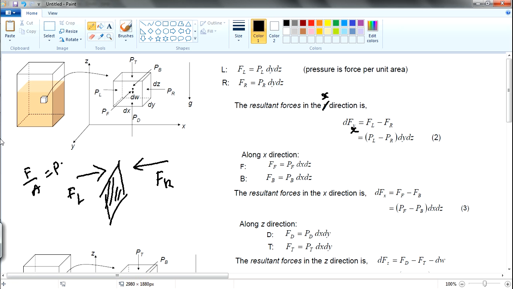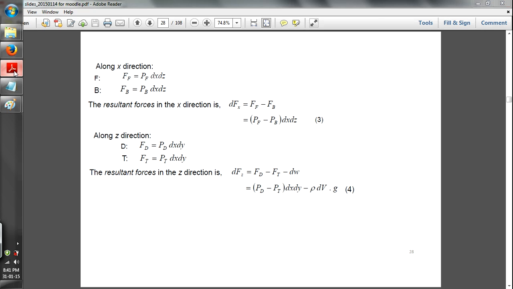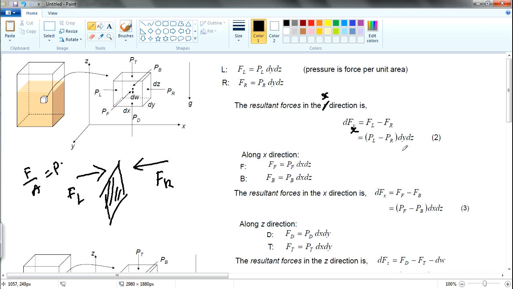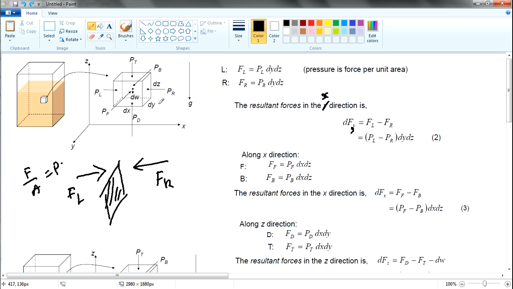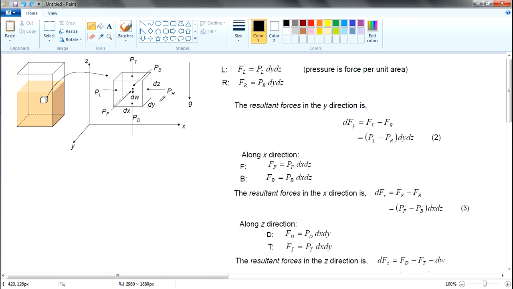Later, when we're deriving the formula, maybe we can see how it goes. And then this is pressure times the area itself, so you will eventually get this. Similarly for the y direction, it's the same. You have a force.